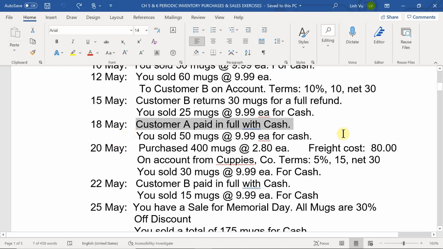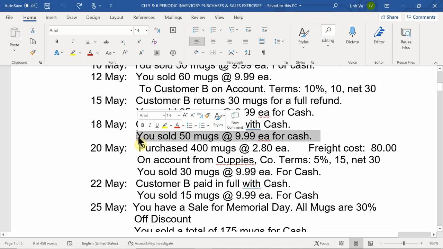So then that very same day, we end up selling 50 more mugs, okay, at $9.99 for cash. Right, we're going to recognize cash, sales, and sales taxes.